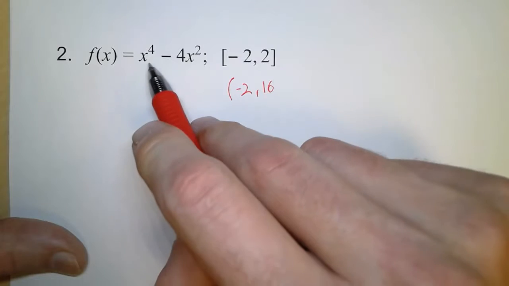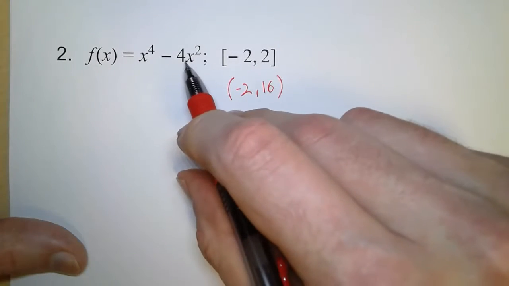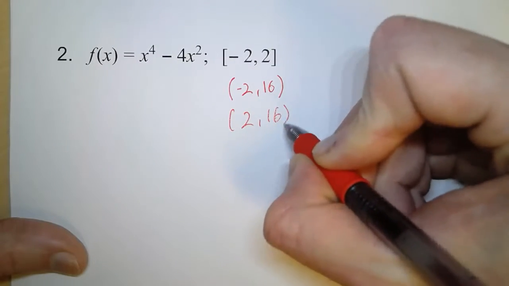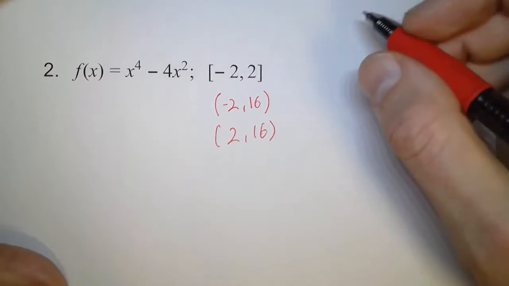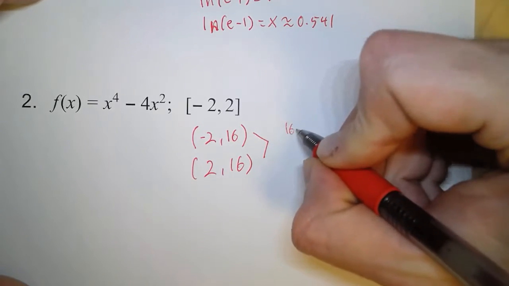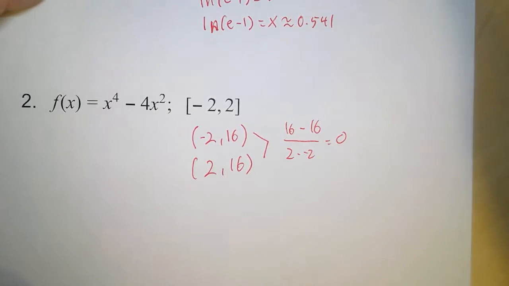And if we plug in 2 to the 4th, that's 16 again, and -4 times 2, that's also 16. So what we end up with is a slope equal to 16 minus 16 over 2 minus -2. We get a slope of 0 here.